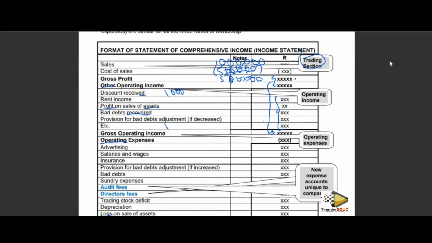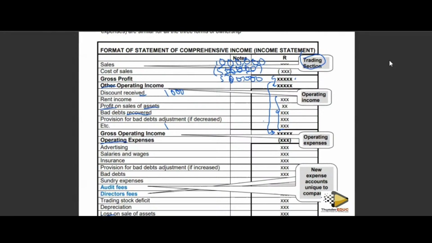If these customers fail to pay, we are going to use this 1,000 to pay for them on their behalf. So we use this money to cater for those customers who may fail to pay us. If the business puts money aside, if we increase this bad debt, then it's an expense to us.